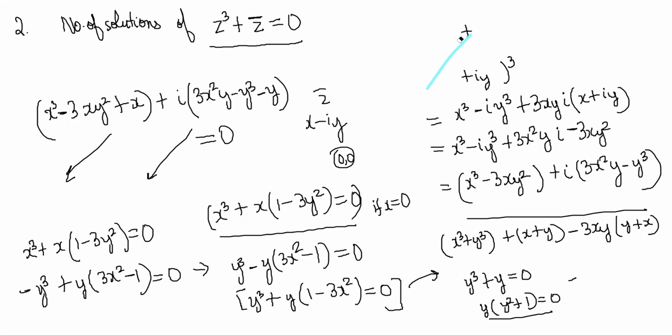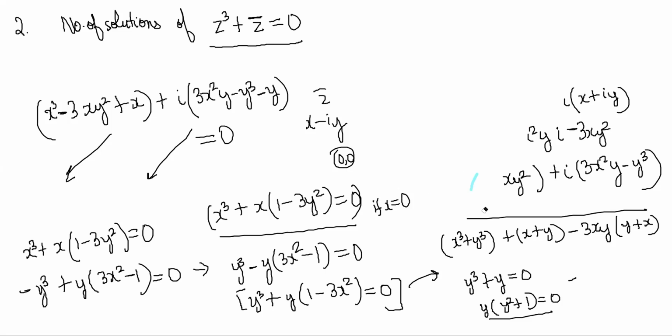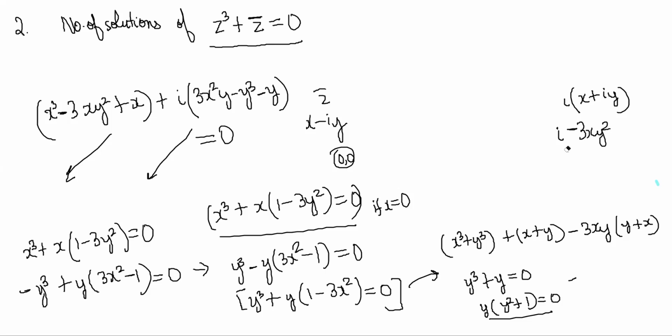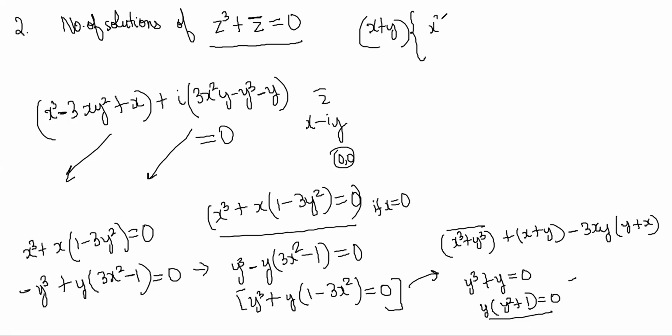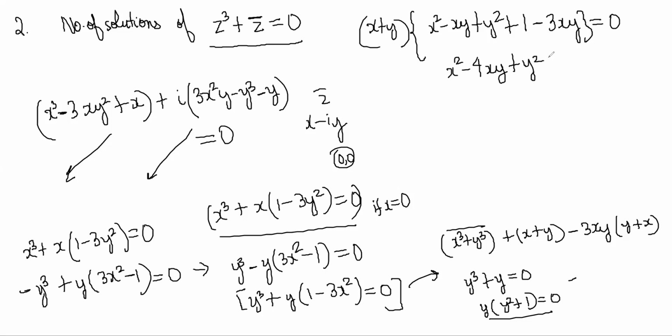If you take x plus y common throughout, you get x square minus xy plus y square plus 1 minus 3xy. So this becomes x square minus 4xy plus y square plus 1, and x plus y is equal to 0.